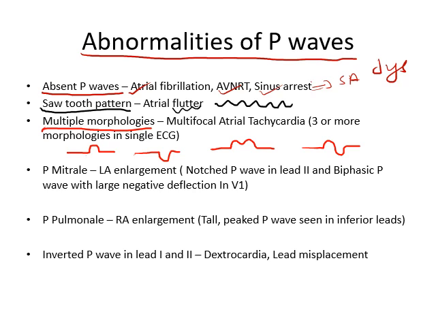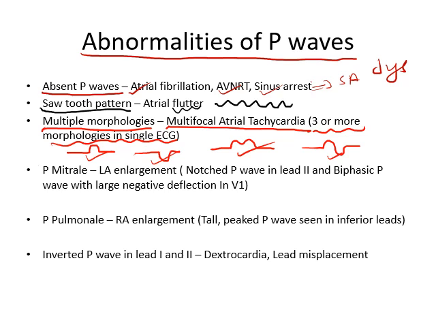The pacemaker for this is different than the one for this, which is different from the one for this, which is different from the one for this. That is why the direction of spread of current is different, which leads to the changed or different deflection in each and every P wave. So this is characteristic of a condition called as a multifocal atrial tachycardia, in which you see 3 or more morphologies of P wave in a single ECG.